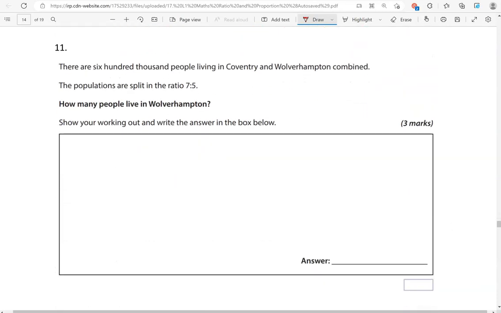There are 600,000 people living in Coventry and Wolverhampton combined. The populations are split in the ratio 7 to 5. How many people live in Wolverhampton? Show your working out and write the answer in the box below.